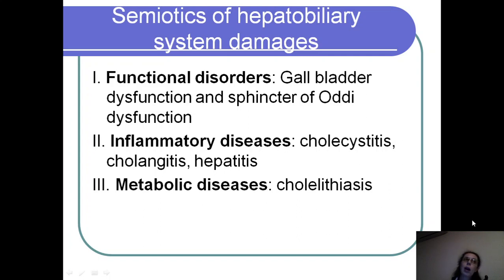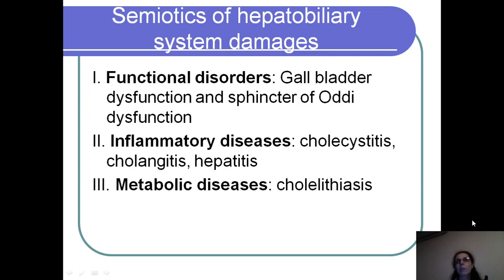If we're talking about flabby, lazy contraction of the wall of the gallbladder, it's called hypokinetic gallbladder dysfunction. And if it's contracting vice versa more intensively, we are talking about hyperkinetic gallbladder dysfunction.